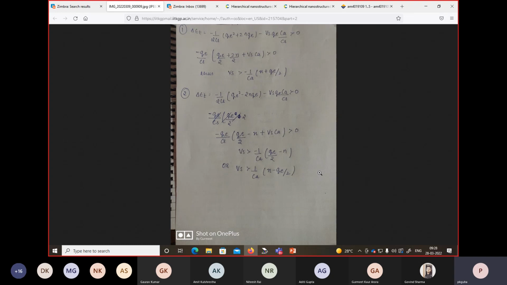According to my note, I took Q outside here, and it is QE over C A times n plus half.